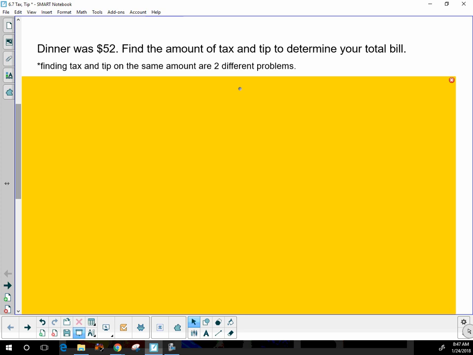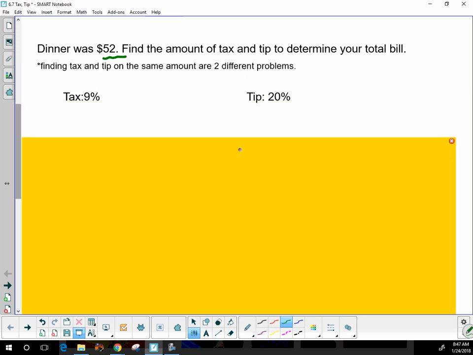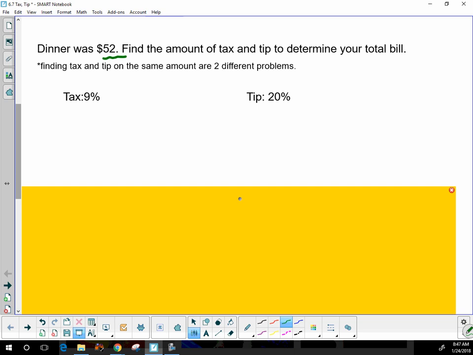So what you're going to do is multiply that 52. We're going to say tax is 9% and tip is 20. Treat this like two different problems, finding tax and tip only on that original amount of $52.